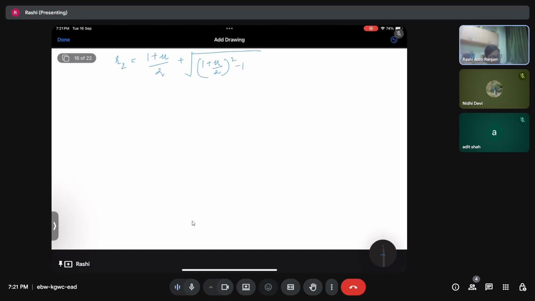So we'll put the value of mu over here and it will turn out to be 2.2497, which will give omega 2 near to something like 4499.4 RPM, which is definitely greater than 4000 RPM. So whatever the mass that we got from the first condition, it is satisfying the second as well, so it will work.